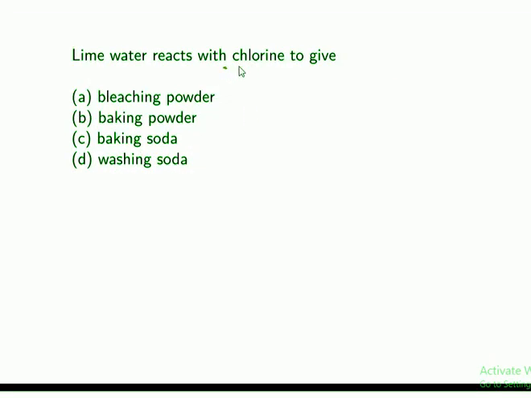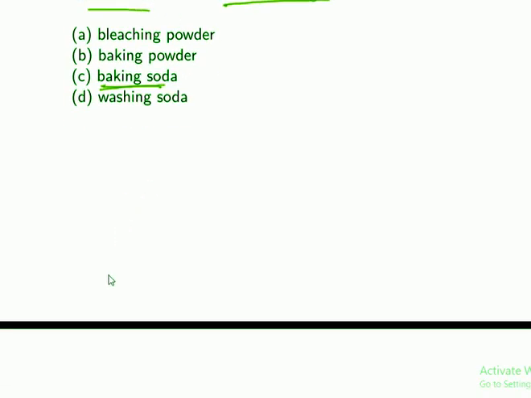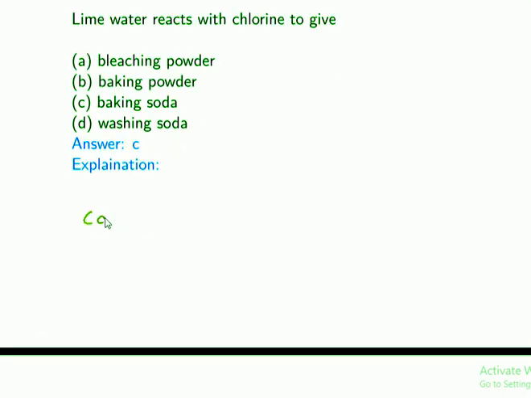Lime water reacts with chlorine to give? When lime water is reacted with chlorine, what are we going to get? We are going to get baking powder. Remember this point. Ca(OH)2 is the chemical name of the lime water, right? Or slaked lime.